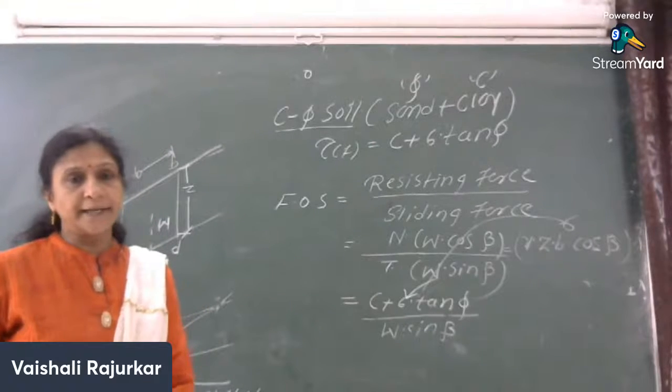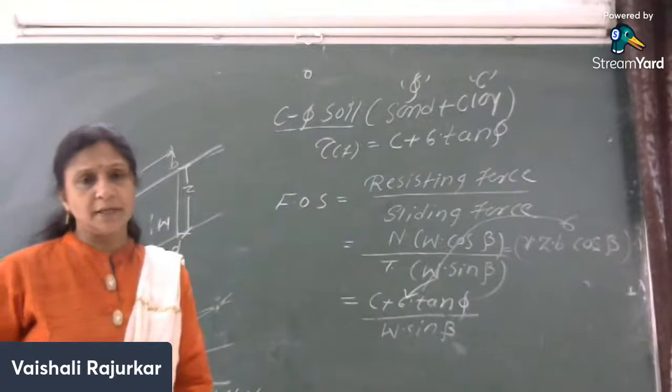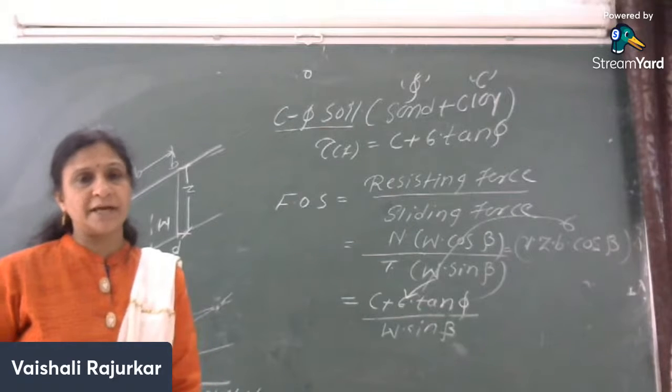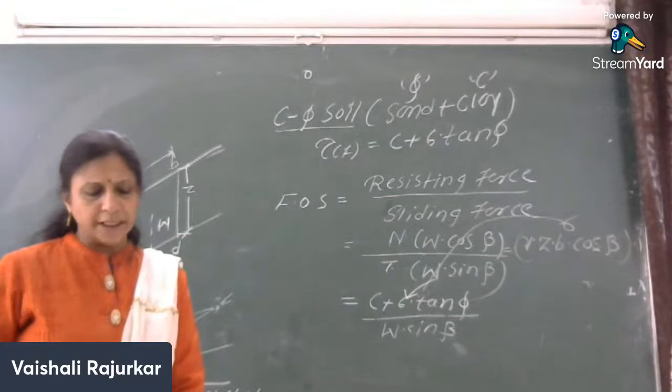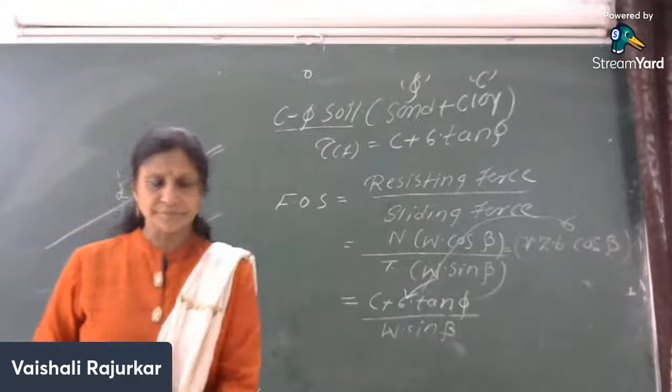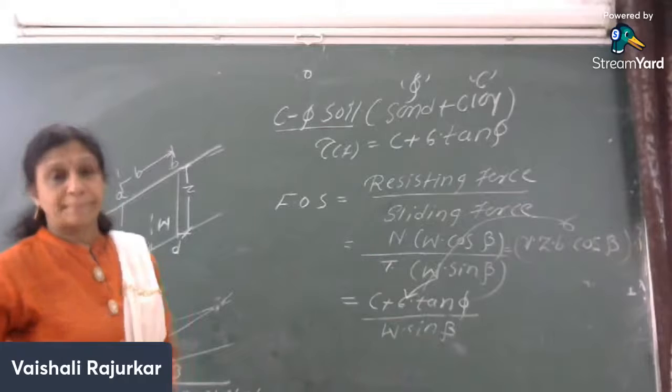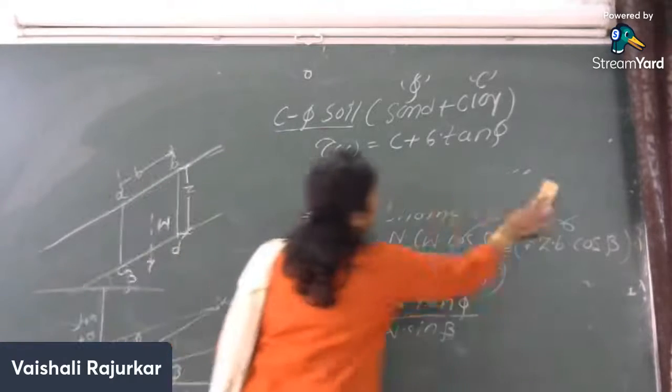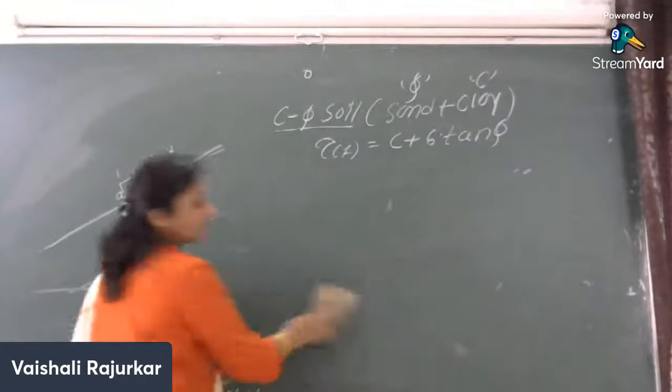We will get the equation for purely cohesive soil, and we have already found it for purely cohesive soil and for pure sandy soil. Now we'll have an equation for factor of safety in C phi soil.